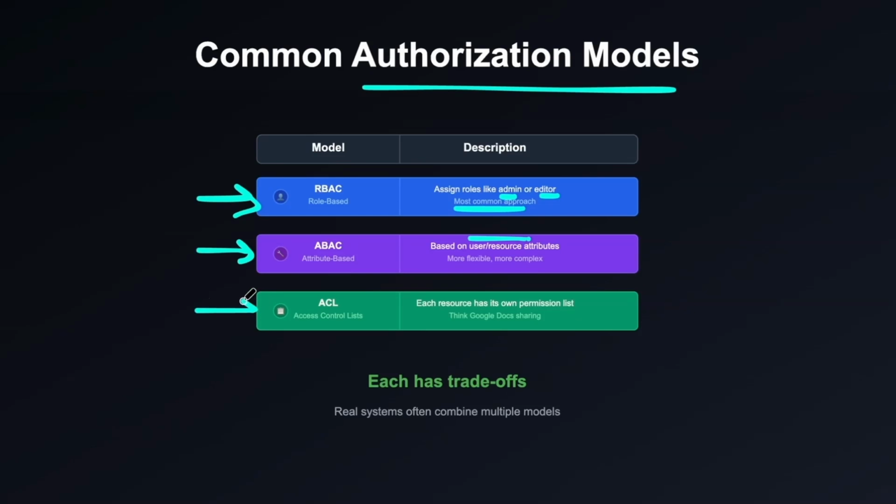And the other common approach is to have access control lists, ACL, and each resource here has its own permissions list. So you can assign permission lists to a resource, and this is what will determine who can access it. For example, this is a common way of managing Google Docs, and we will look at this in more detail now. And each of these models has its trade-offs, pros and cons.